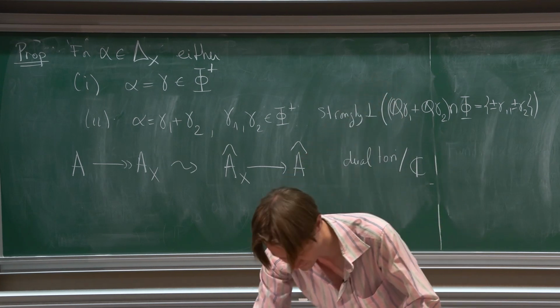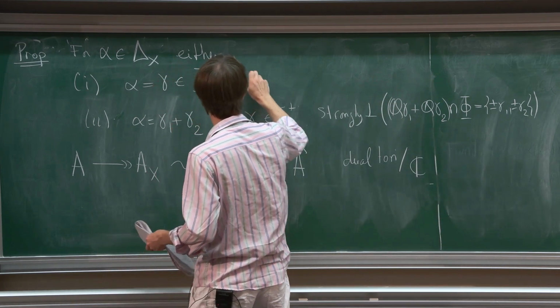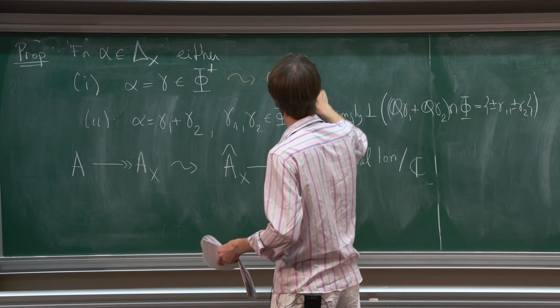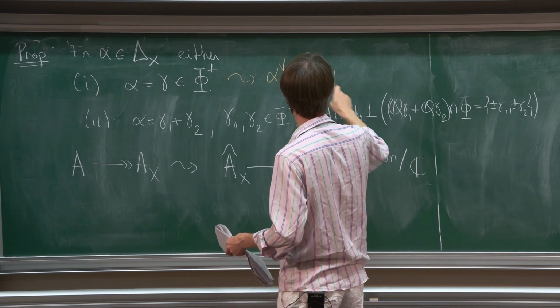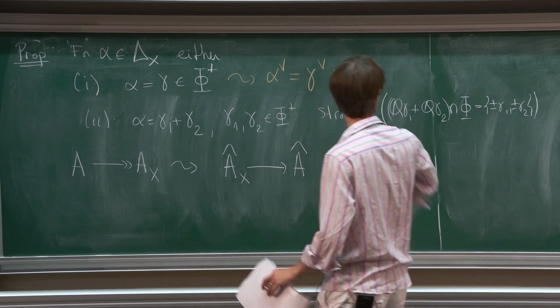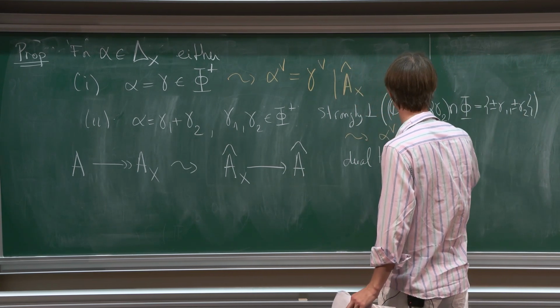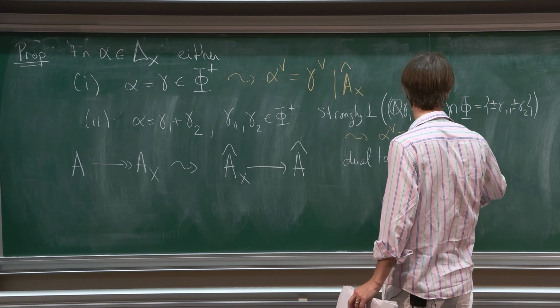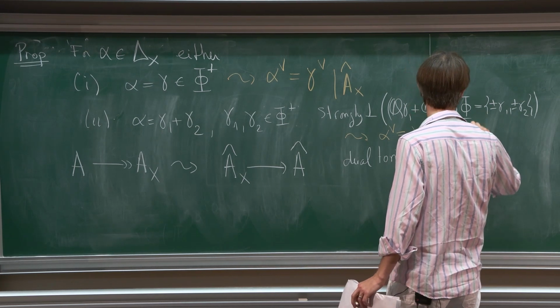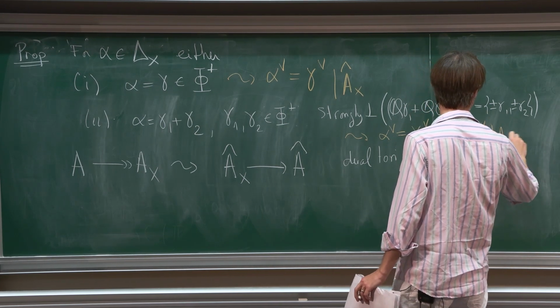And let me write here. In this case, this is alpha check. It's just the restriction of gamma check to AX hat. And in this case, alpha check is just the restriction of either gamma 1 or gamma 2. Turns out that these are the same on AX check.